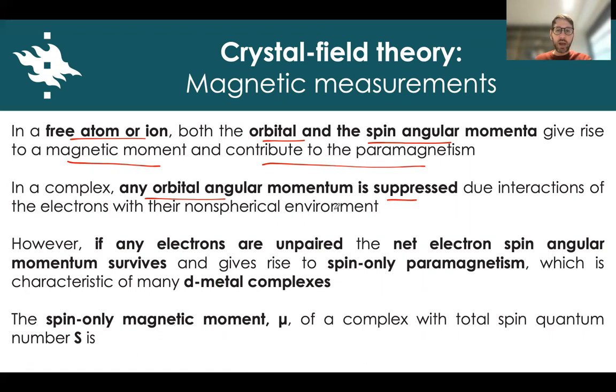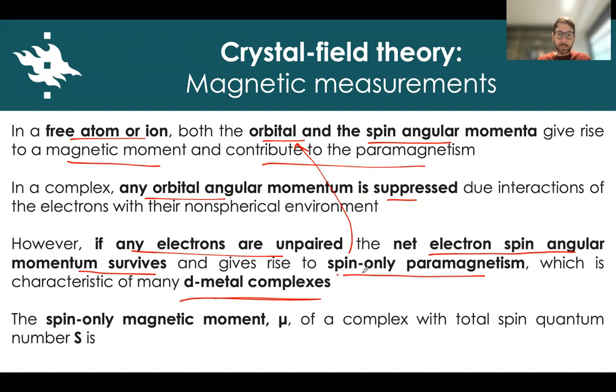So if we have unpaired electrons in the sample, we will have a net electron spin angular momentum in this complex. This gives rise to what we call the spin-only paramagnetism, because the orbital angular momentum is suppressed, and this is characteristic of many d-metal complexes.